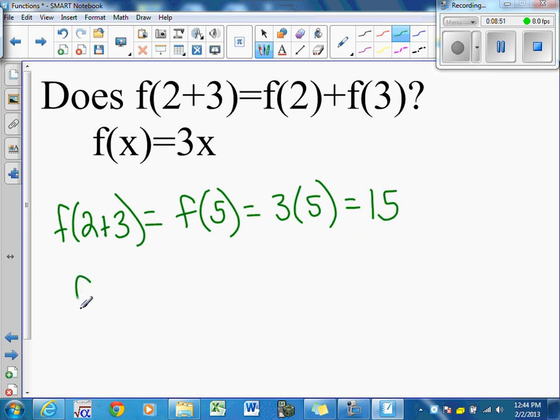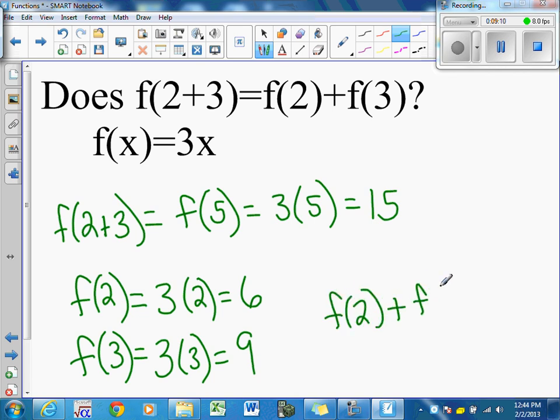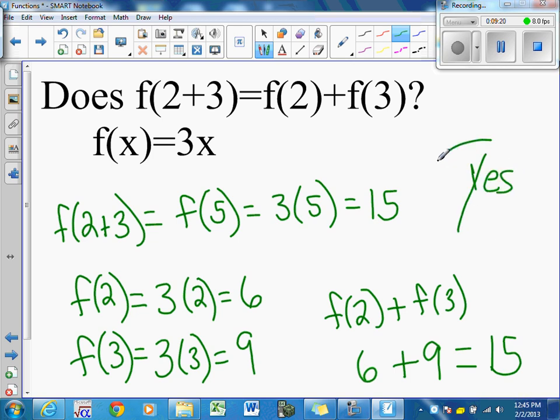Now, let's find what is f of 2 and f of 3. F of 2 is 3 times 2, or 6. F of 3 is 3 times 3, which is 9. So, f of 2 plus f of 3 is 6 plus 9, which is 15.